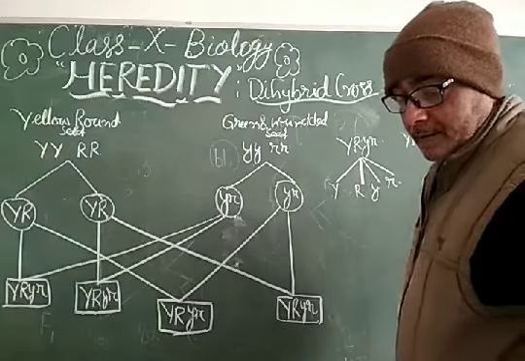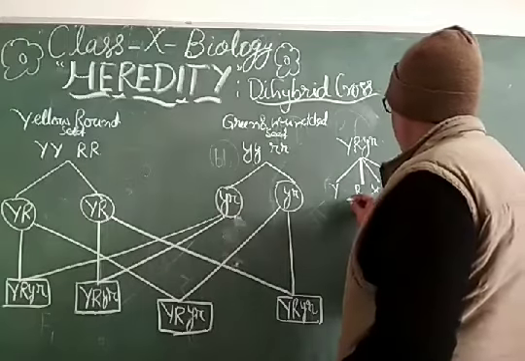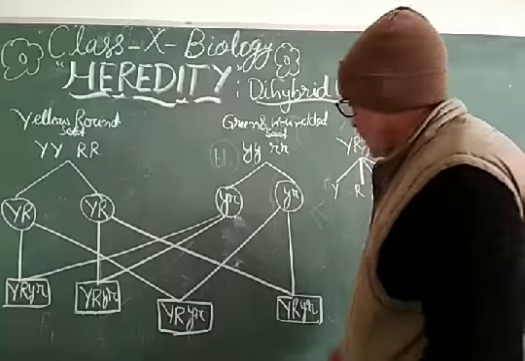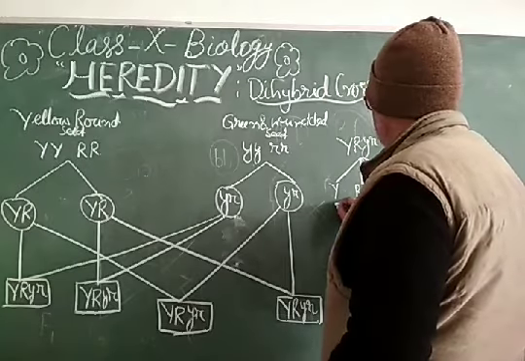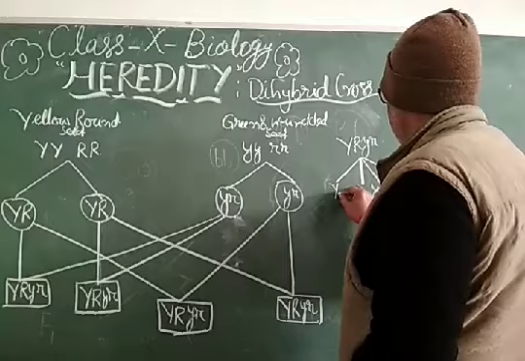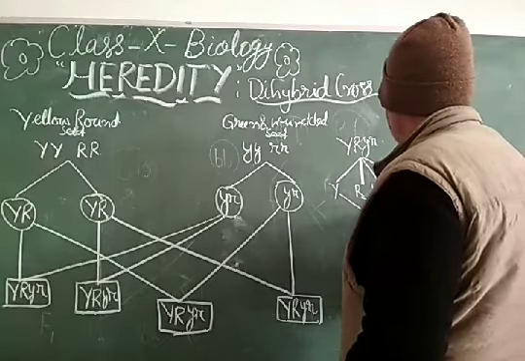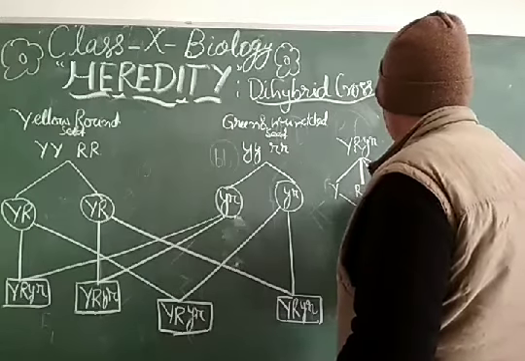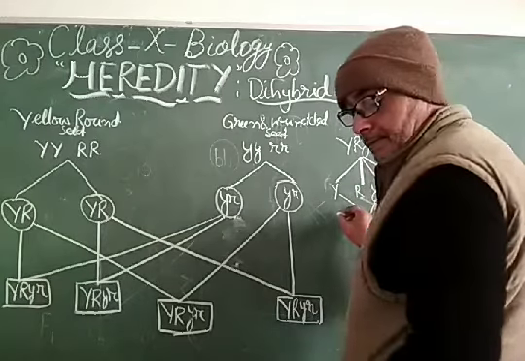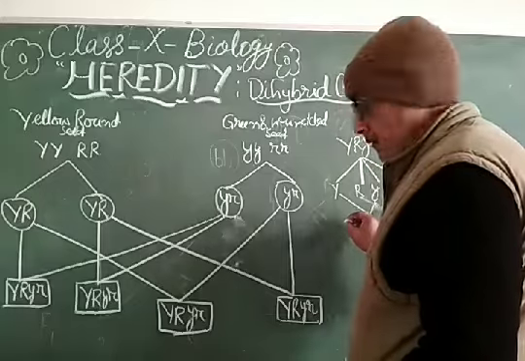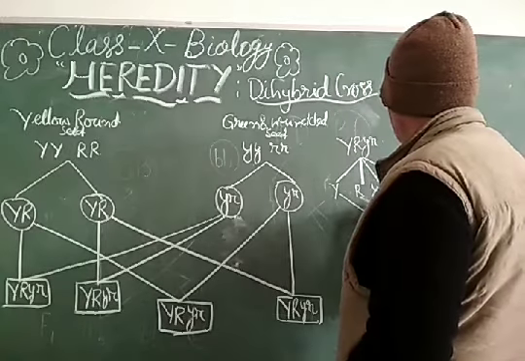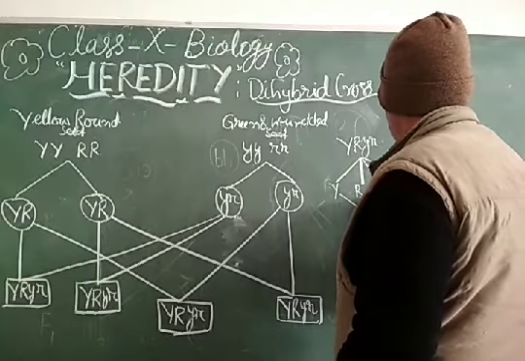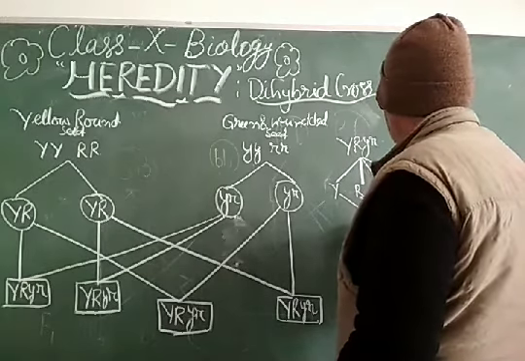And among these, if the pairing will be like they are crossing to each other, then the chances of, suppose this is crossing with this, this is with this, then what happens?